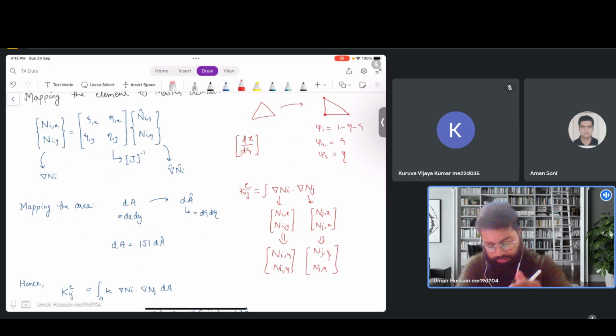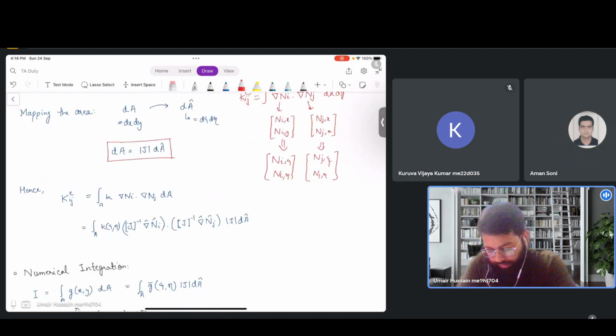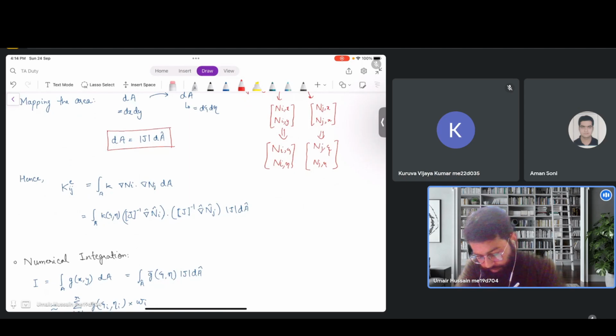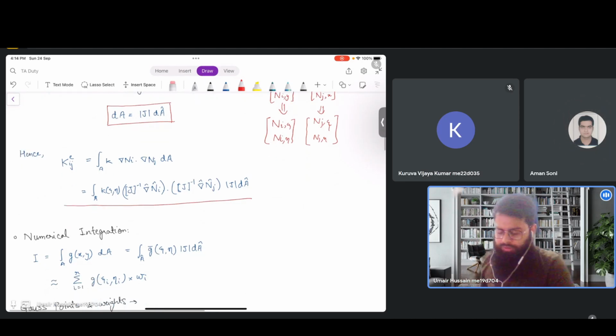This can be done using the Jacobian. Then we'll also have an area term here. So we had a conversion formula here, which was derived in the lecture. At the end, this would be our final transformation of the integral. This is similar to what we did in 1D. Now since we are dealing with 2D, we'll have complicated vector and matrix multiplication.